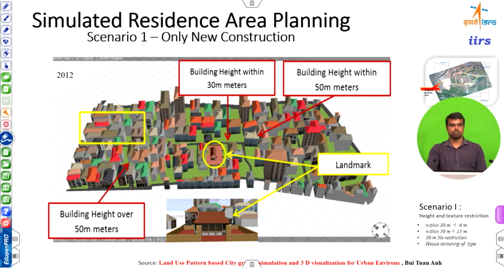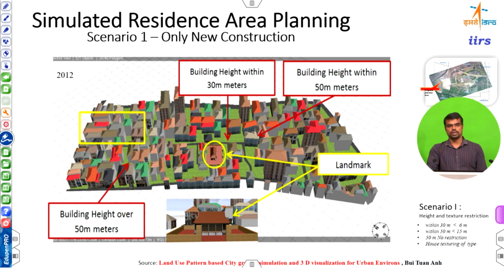There is no possibility of having a high-rise building in a specific buffer zone of a city. So if you consider all those planning conditions or rules in land development cases, we would like to visualize how it will look in different scenarios.